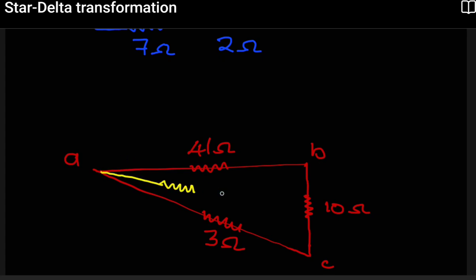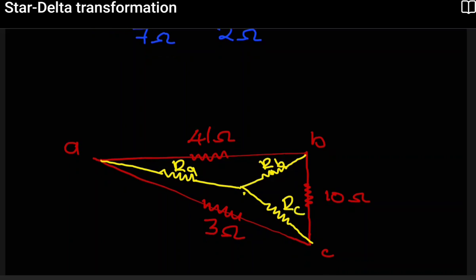We have our resistor in this line. And then another has to go towards this node, and the other one towards C. So we can label the one going to B as RB, the one going to A as RA, and the one going to C as RC.